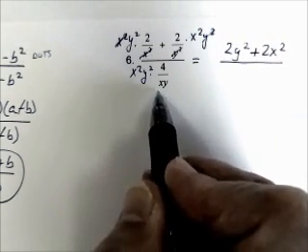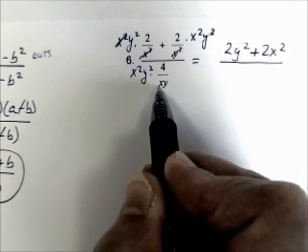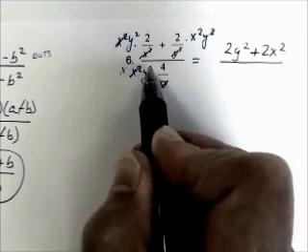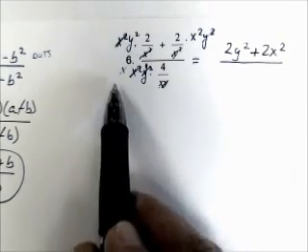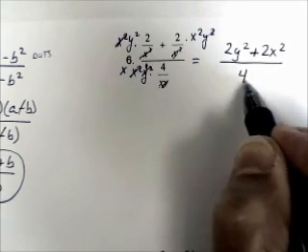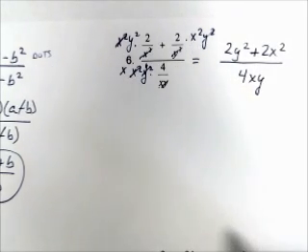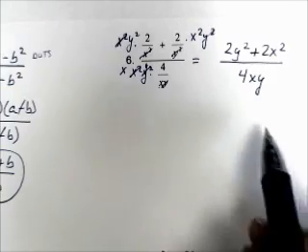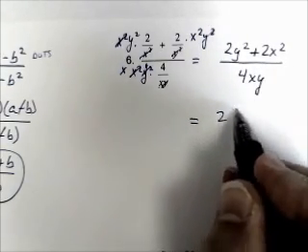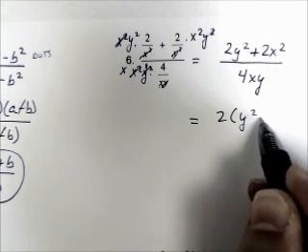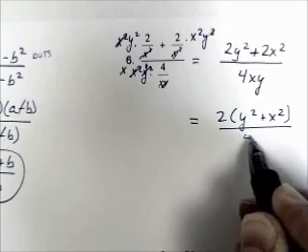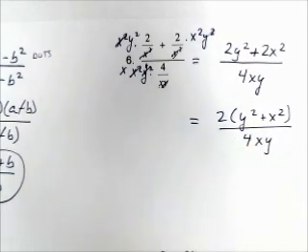And, okay, so this x in the denominator will divide out with one of those, 2, and the y will divide out with one of those, 2. So we have xy times 4, which is 4xy. We can factor the numerator. There's a 2 common. 2 times y squared plus x squared over 4xy.